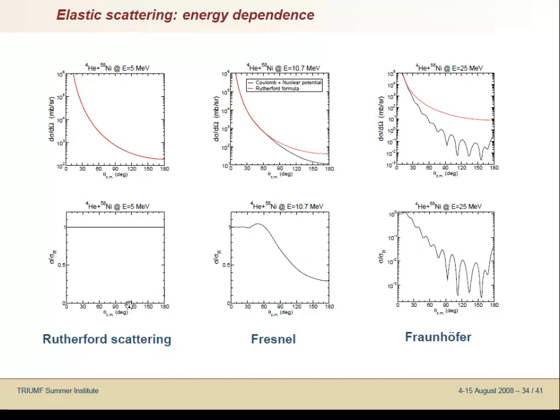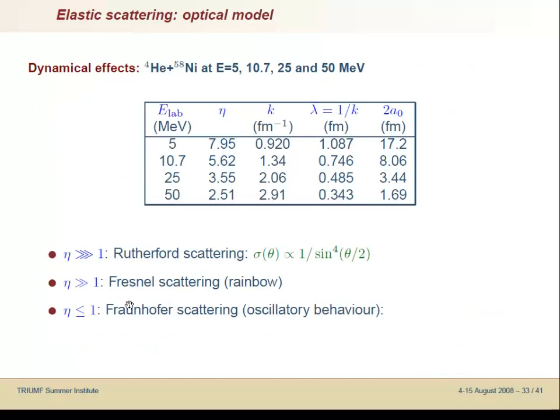At small angles, again thinking classically, we have a very distant collision, so even if the nuclear potential is there, the nuclei don't get close enough to feel this nuclear interaction. Remember that these values correspond to the head-on collision, the situation in which the distance between them is smaller.